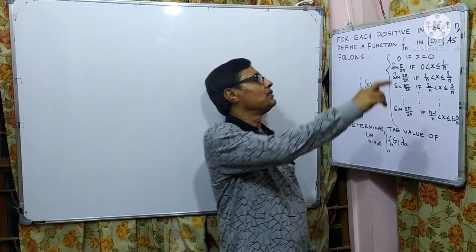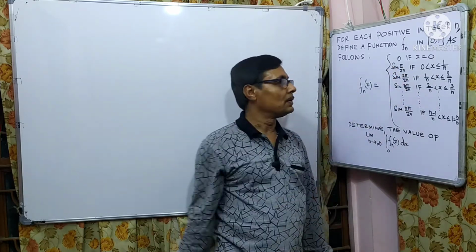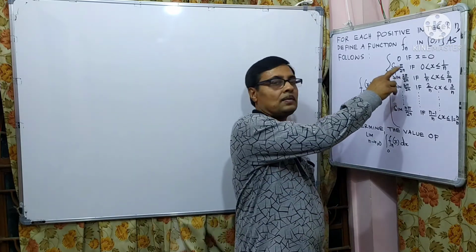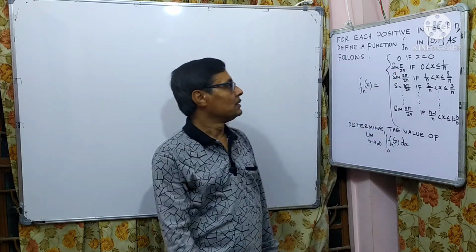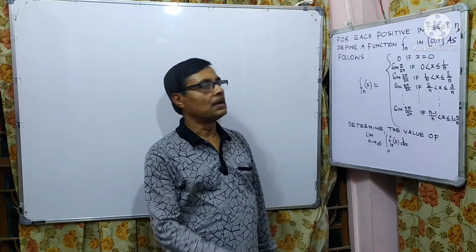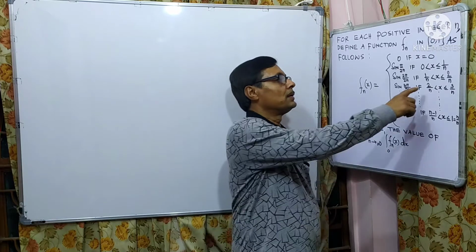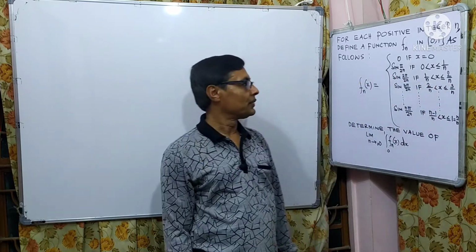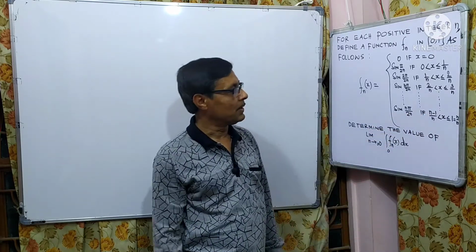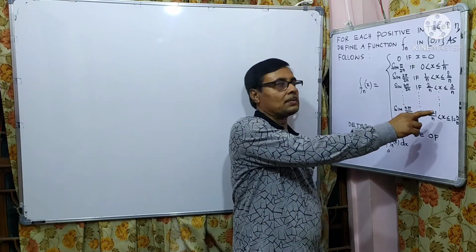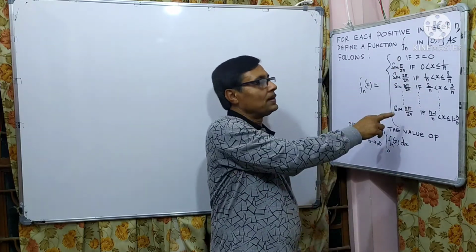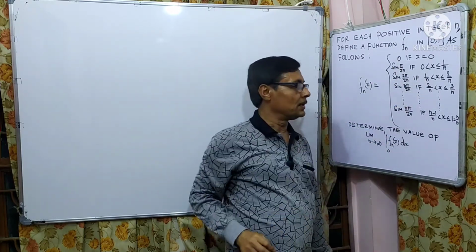In the semi-closed sub-interval (1/n, 2/n], it is sin(2pi/2n), and fn(x) is equal to sin(3pi/2n) in the semi-closed interval (2/n, 3/n], and so on. And in the final semi-closed sub-interval, the function is defined as sin(n pi/2n).